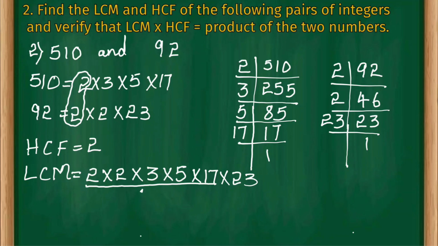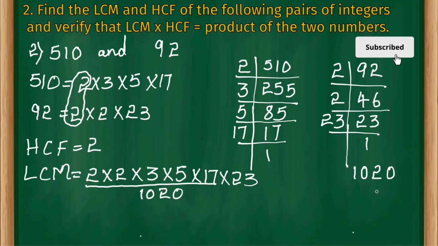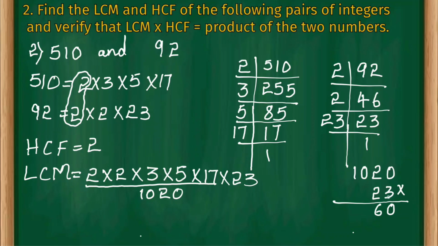Now by multiplying the first 5 numbers, we have got 1020. Now let us multiply 1020 with the last number, that is 23. By multiplying 1020 with 23, we will get the LCM. So first let us multiply 3 with all the above numbers. 3 zeros are 0, 3 2s are 6, 3 zeros are 0 again, then 3 1s are 3.